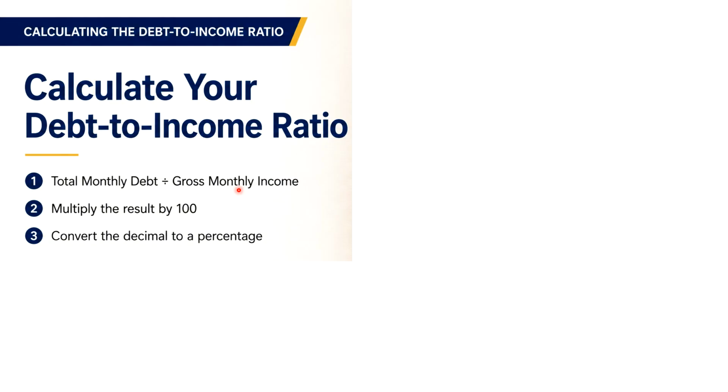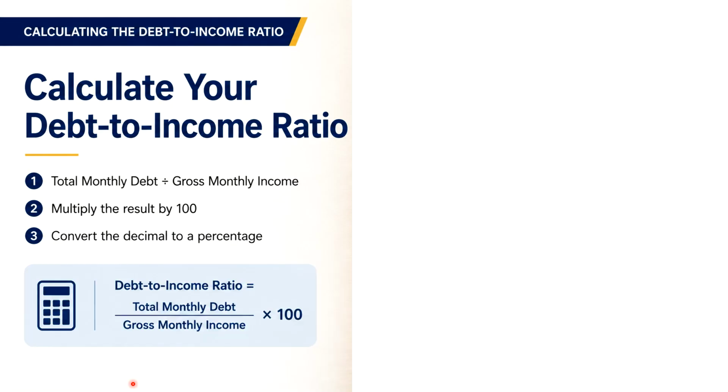After dividing, multiply the result by 100 to convert the decimal into a percentage. Remember to show each step of your work clearly. Other people reading your portfolio should be able to follow your calculations from beginning to end.